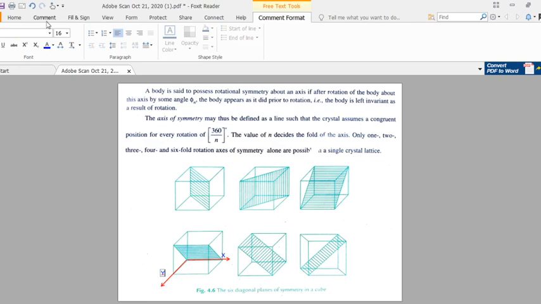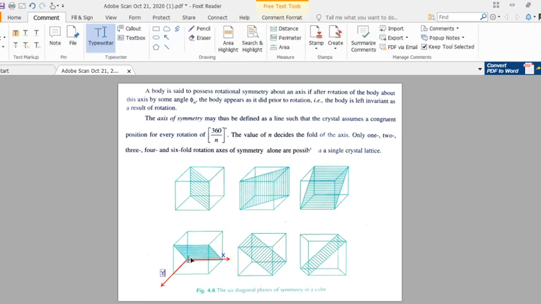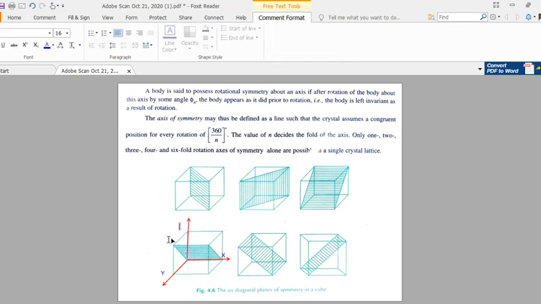This is the z axis. So this plane is the very first one.